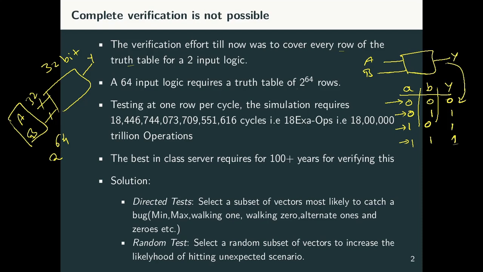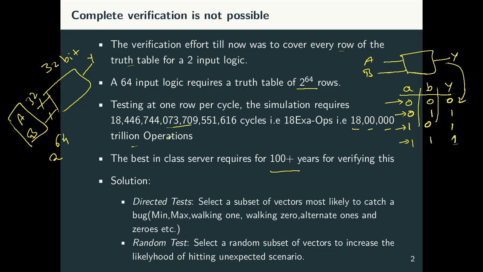And 2 to the power 64 translates to a very large number. This is equal to somewhere around 1800,000 trillion operations or rows. And if we take any of our commercial CPUs, either from AMD or Intel, a single core in that CPU will require more than 100 years for verifying such a design.